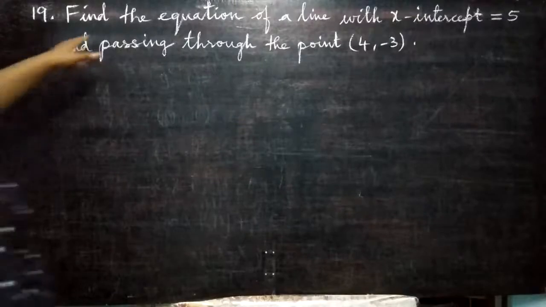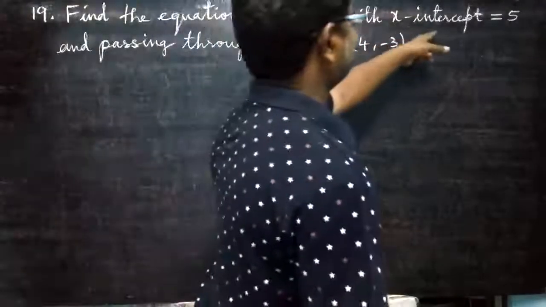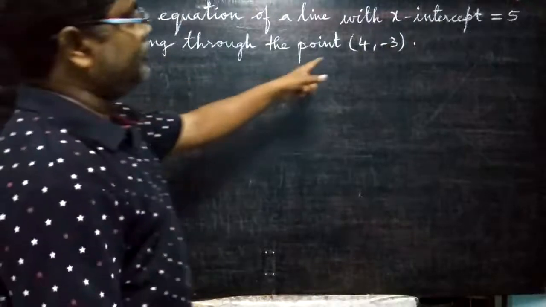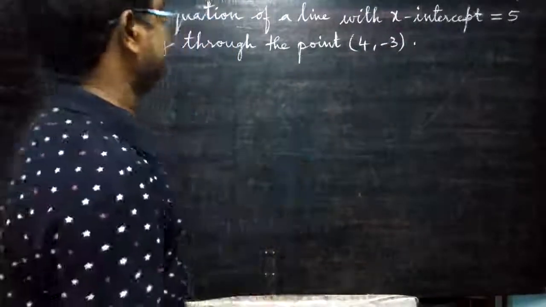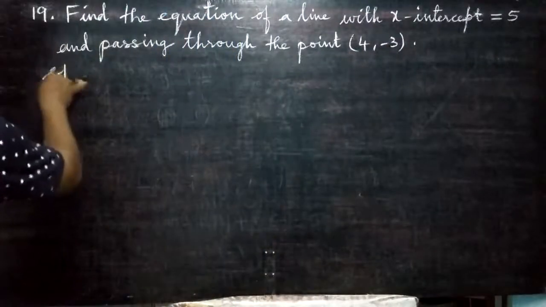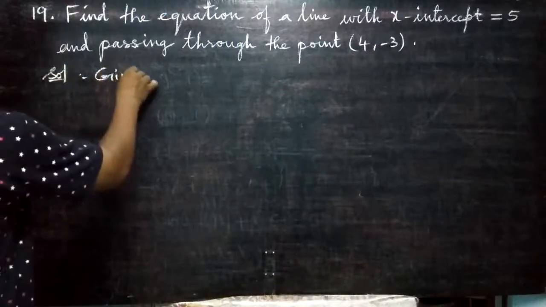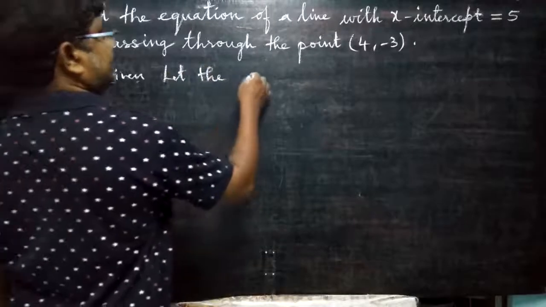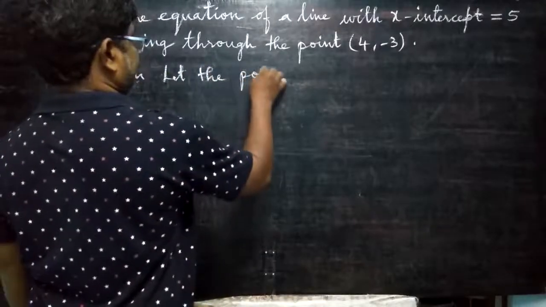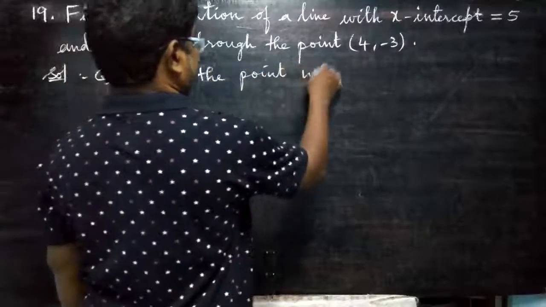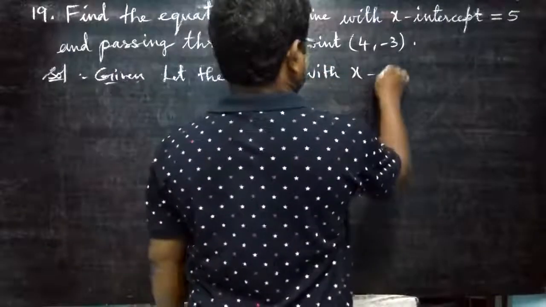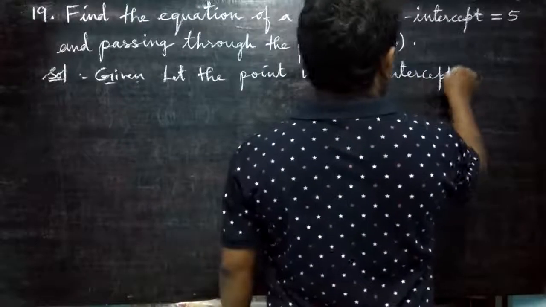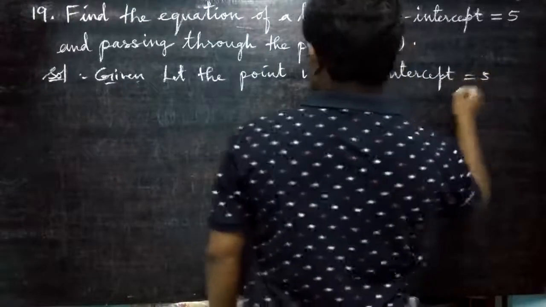19th problem. Find the equation of a line with x intercept is equal to 5 and passing through the point 4 comma minus 3. Solution given. Let the point with x intercept is equal to 5.